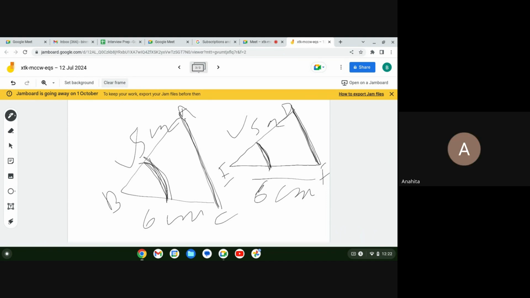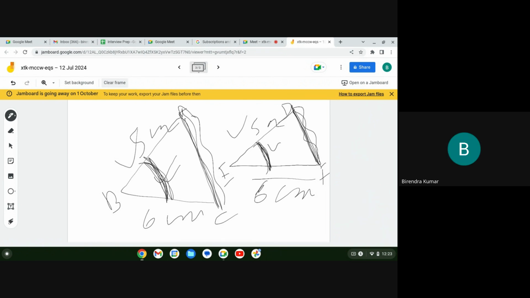So when the angle was more, this was bigger. When the angle was small, this length was smaller. So the open ends of the lines, this length, depends on how small or big the angle is, right?